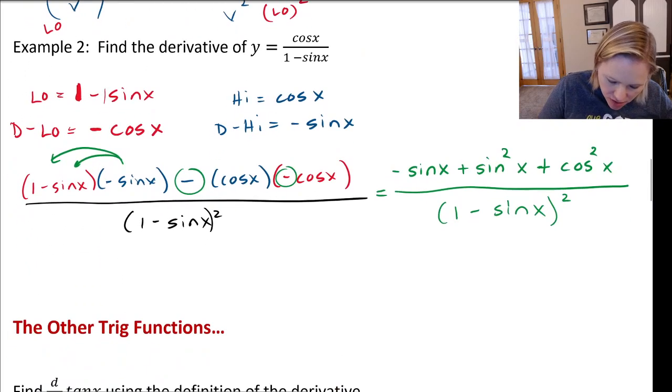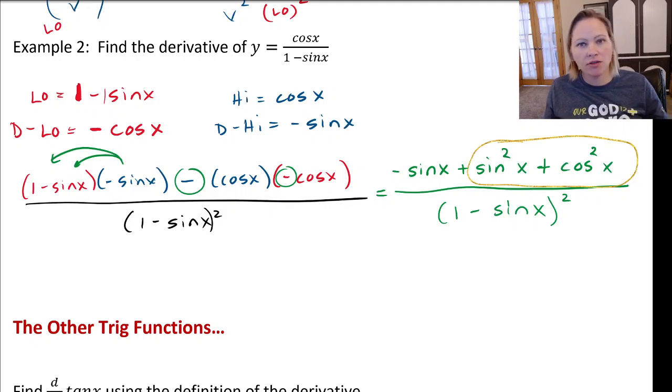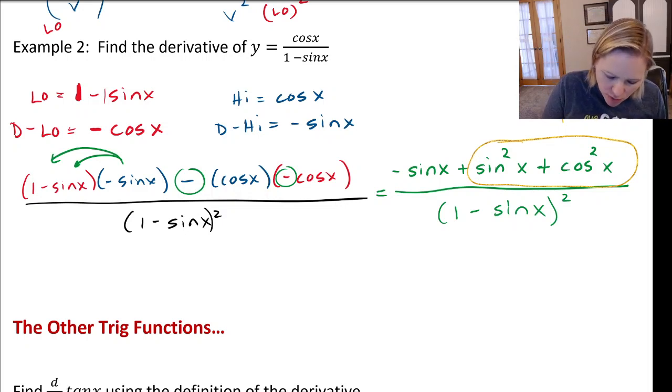So let's check this out. Sine squared plus cosine squared, we should know what this is. It's a Pythagorean identity. It should be just one. That should be an identity that we know. There's a couple of identities that show up on your AP exam frequently. This is one of them, and it's a nice easy one, and hopefully we all remember it.